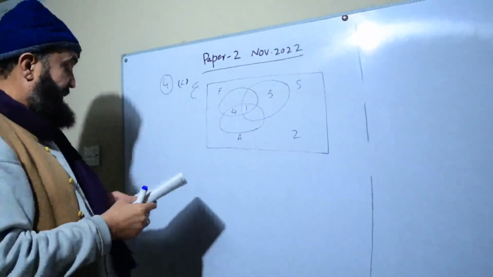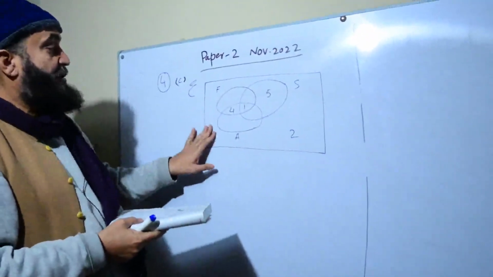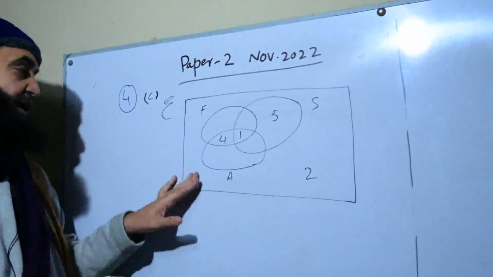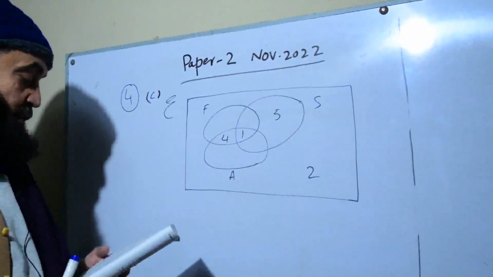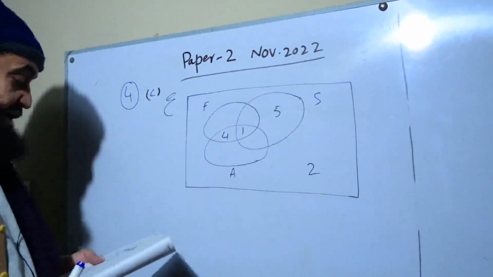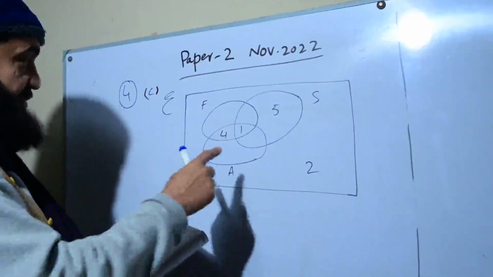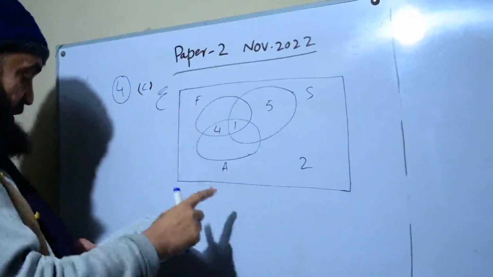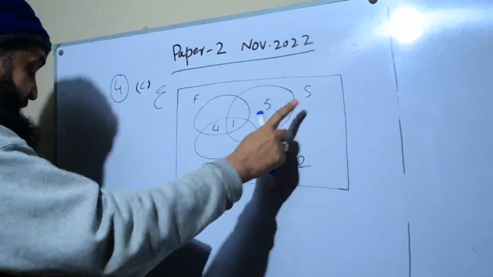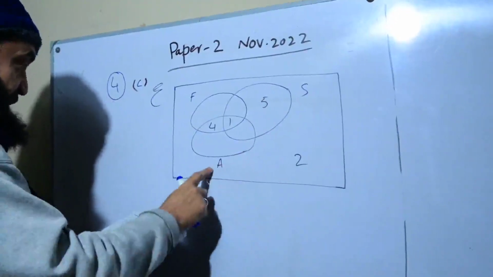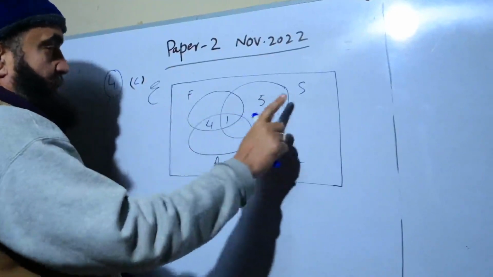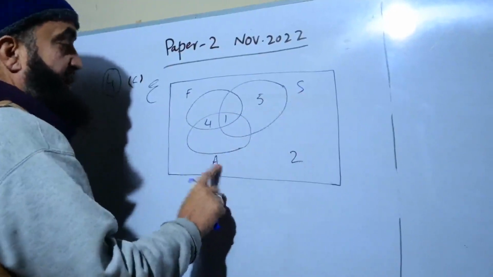In part C, a Venn diagram is given but it is not completed. This Venn diagram shows the data about a college. In a college, students can study French, Spanish or Arabic.